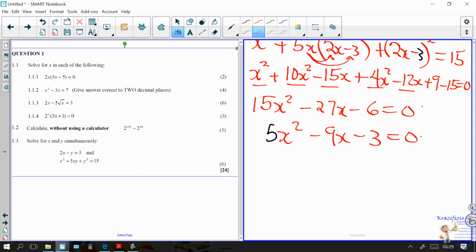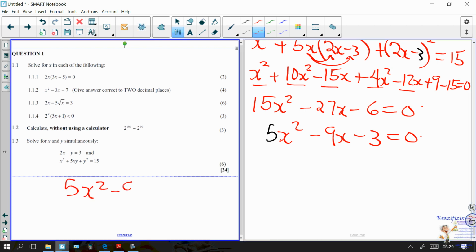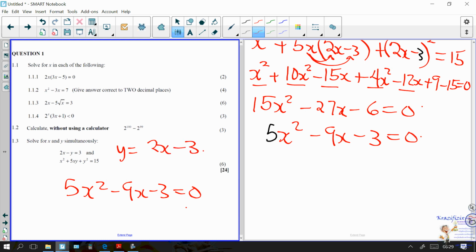All right, what do we do here? I am going to need a new page, so let me put my answer here. 5x squared minus 9x minus 3 equals 0. And we said y equals what? Remember, we got our y: 2x minus 3.